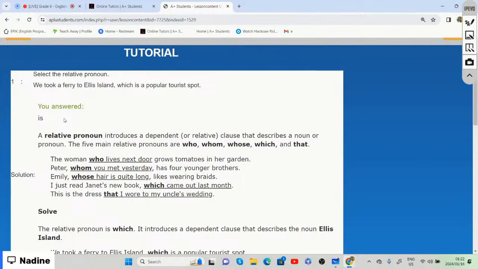So these are relative pronouns. Example, if we use the words who lives next door, then we can, for example, just say it is the granny, grandparents.